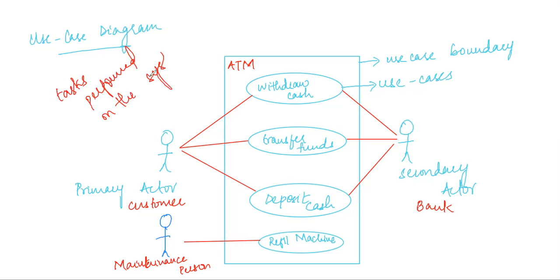Now, when you get a diagrammatic representation of the different tasks or the different users that are going to perform the tasks, it becomes easy for you to identify the different tasks and to give permissions to whom. So this is a use case diagram, and these are the user scenarios.